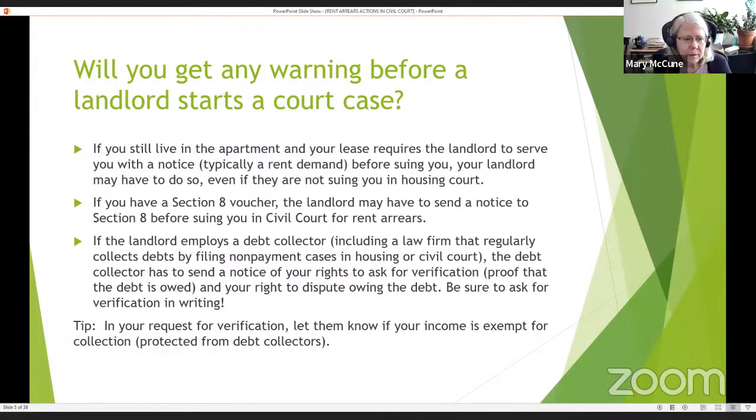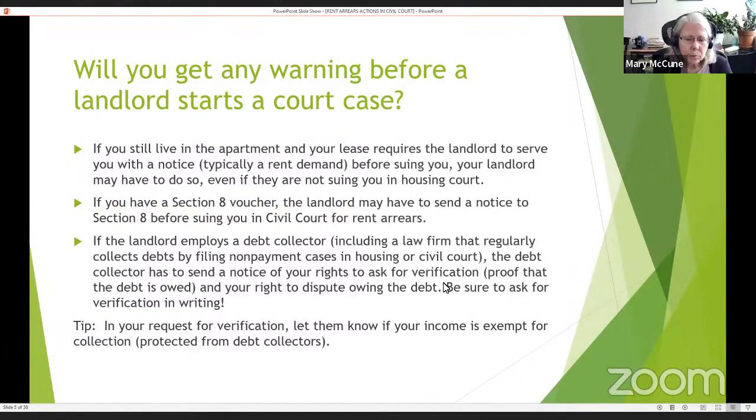Verification is basically documentary proof to show why they have a claim against you for rent, and what they have to provide varies, but generally it would have to be like a copy of the lease if they're saying you owed money pursuant to a lease, or if they say you signed an agreement agreeing to pay money, a copy of the stipulation, that kind of thing.